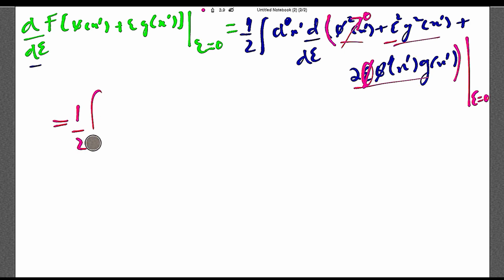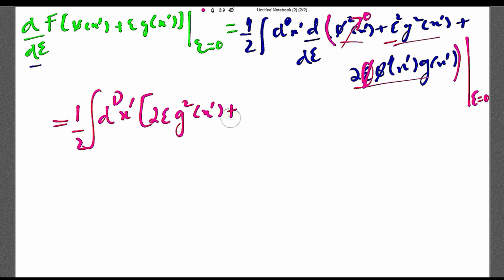So we get 2e g square of x prime plus 2 phi of x prime and g of x prime. This is what this differentiation gives us at e equals to 0.